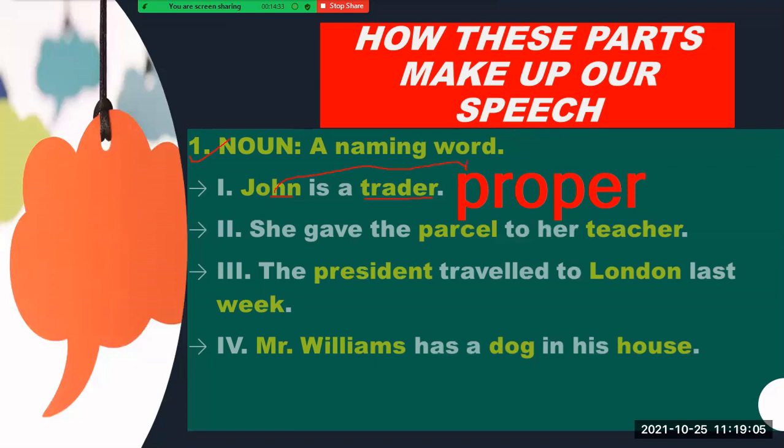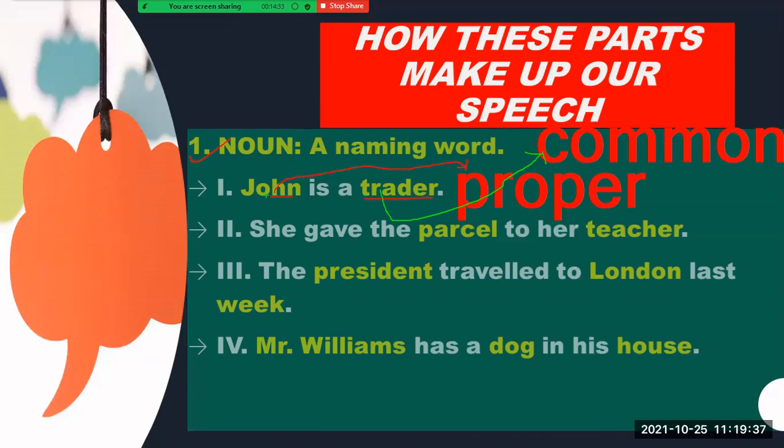Then we have a common noun. And so the word trader is a common noun. So you can see the difference between the two.